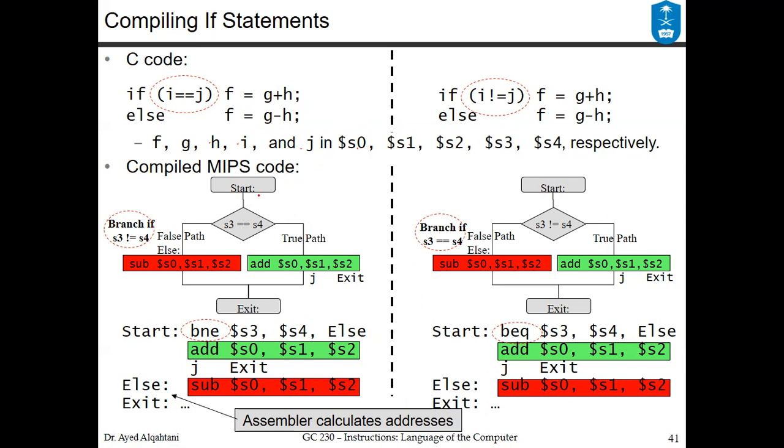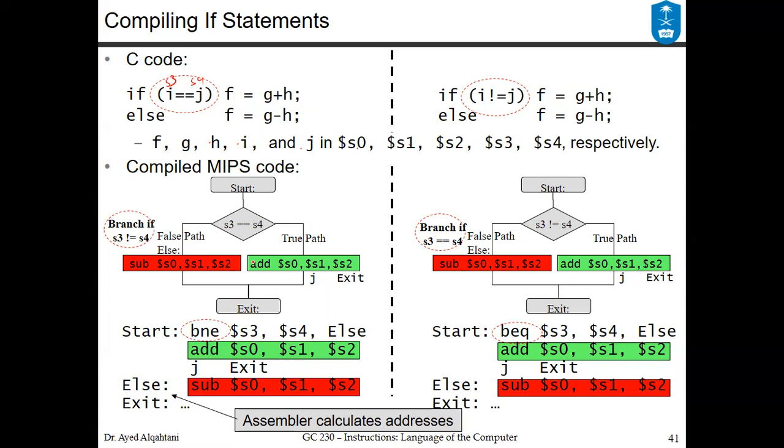For this one, i and j are 3 and 4, so this is S3 and this is S4. So the true path will be executed if they are equal.